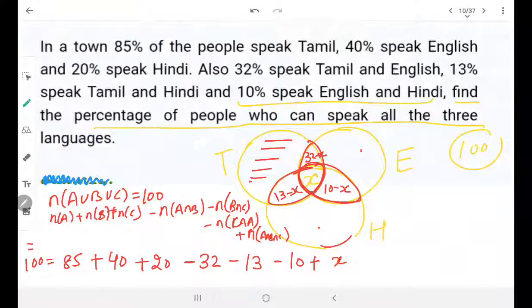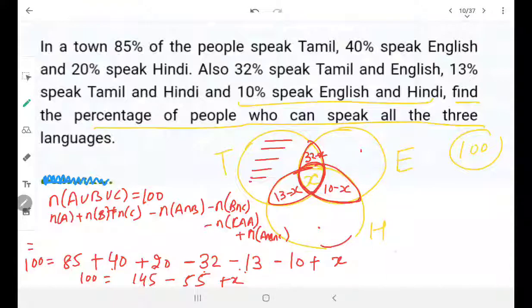So we can solve this equation. Oh sorry, we have to subtract as well. First we will add 85 plus 60, so it will be 145. Then minus 32 plus 13 plus 10, which is 55, plus x.